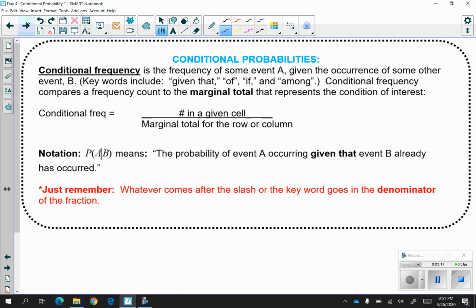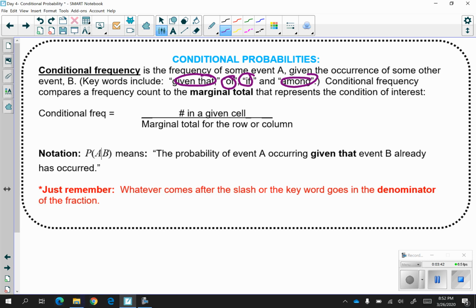Now there are several keywords for conditional probability to look for. One is given that, of, if. So if you see any of these words and among, you know that there's a condition going on. Find the probability given the condition or of this certain group.